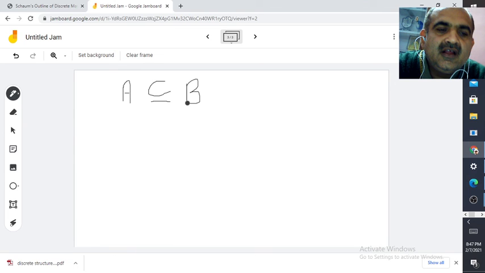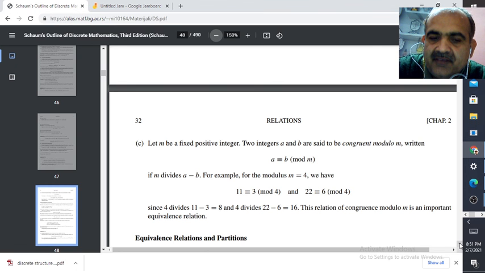Next is: let M be a fixed positive integer. Two integers A and B are said to be congruent modulo M. What does it mean? First see the meaning of congruent.